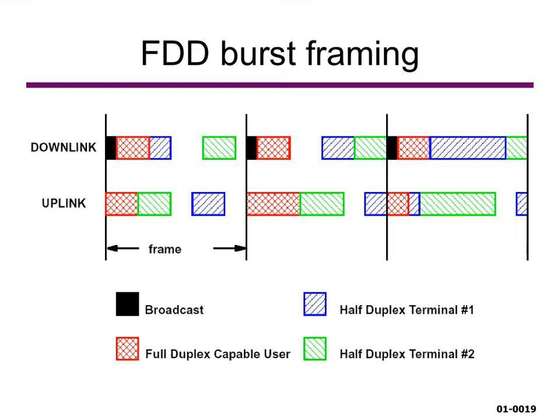So we can send on one time slot on one frequency and then receive on another time slot, even if it's on the other frequency. In which case we have one transceiver that we can use either for sending or receiving.